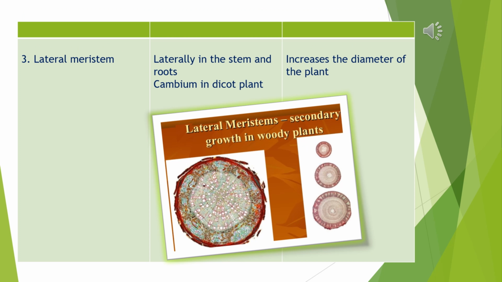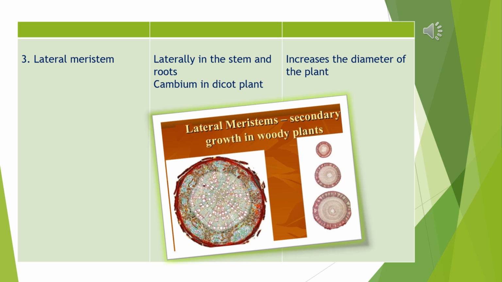Lateral meristem is the third type. Lateral meristems are present laterally in the stem and roots of the plant. They are found parallel to the longitudinal axis of the plant. The diameter of the plant increases due to the activity of this tissue.